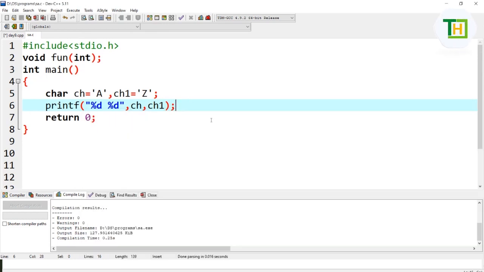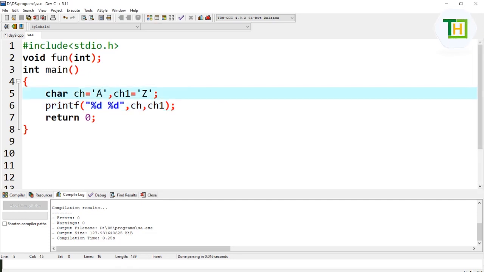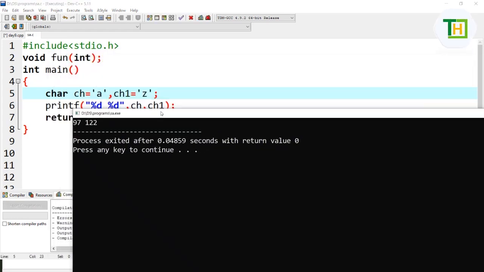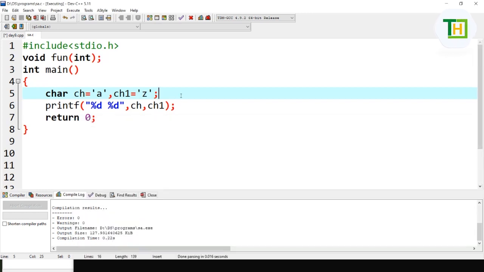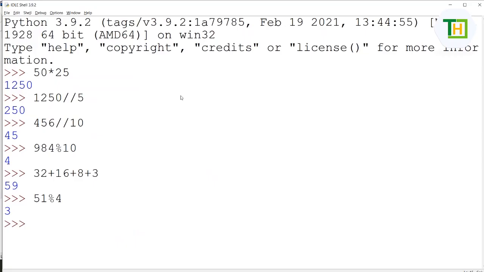Then I'm going to modify it to small letters. If I execute it, the answer is 97 to 122. 65 to 90 are the capital letters. 97 to 122 are the small letters. For example, 97 minus 65, every time the difference is 32 here.